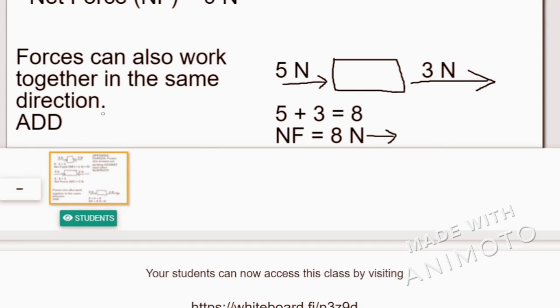So whenever your forces are working in the same direction, you add them together. So we would do 5 plus 3 equals 8, and our net force, our total force, is going to be 8 newtons. And then, of course, the box is going to slide the direction that they were both pushing and pulling. So don't forget that arrow to show the direction the box would slide.